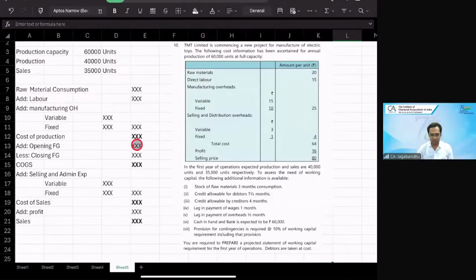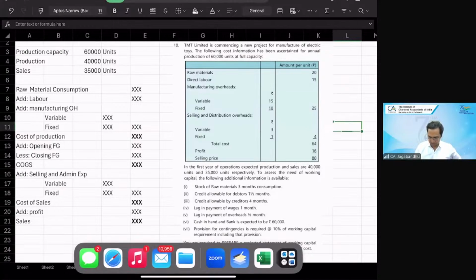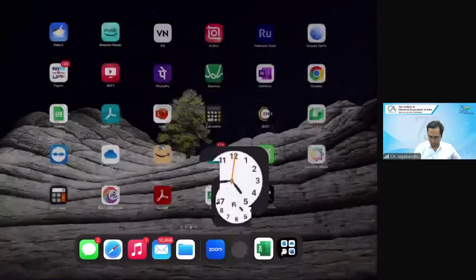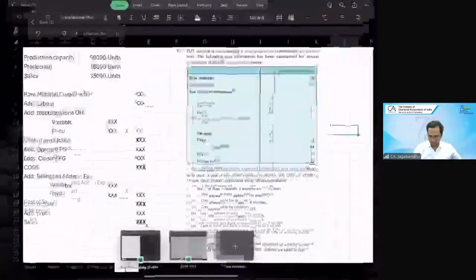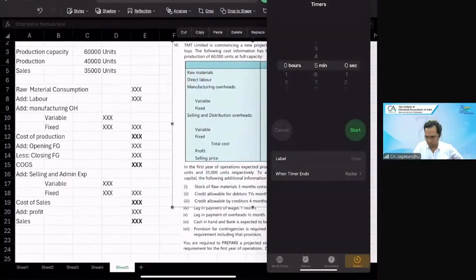So try to have this cost structure ready with you guys. Prepare this cost structure. So you may take some time for this cost structure.